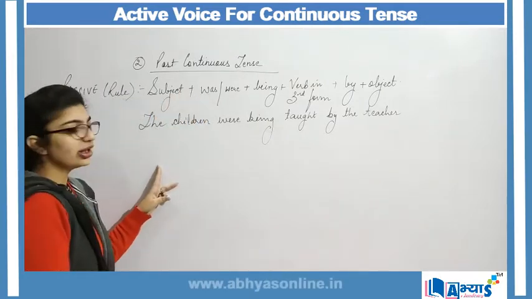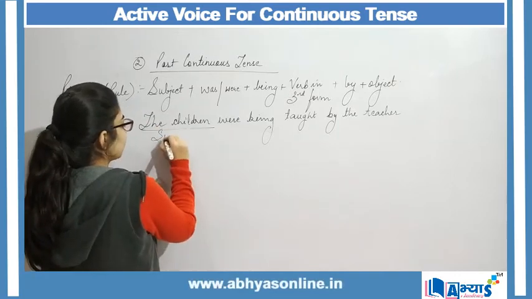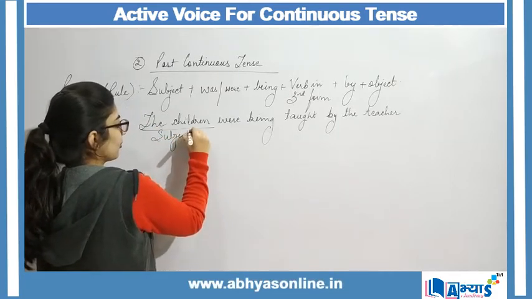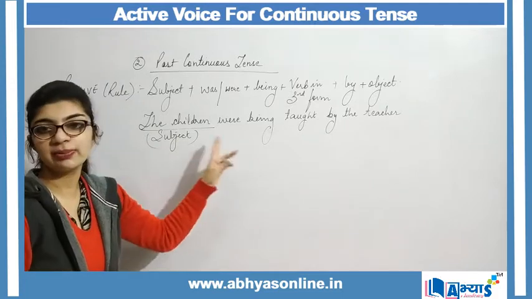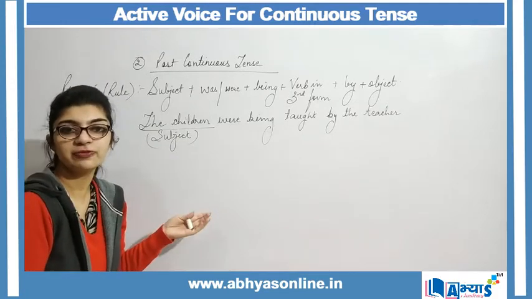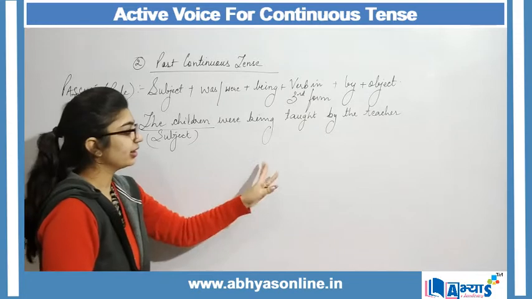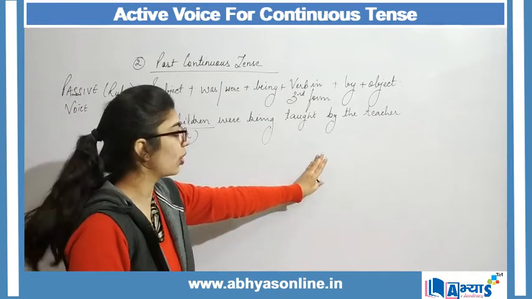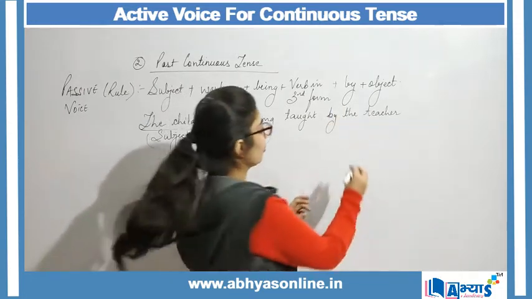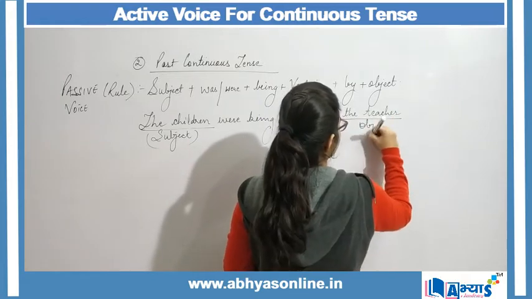The children over here is my subject. Were I am using because children is the plural form of child. Being, the third form of teach is taught. By the teacher over here is my object.